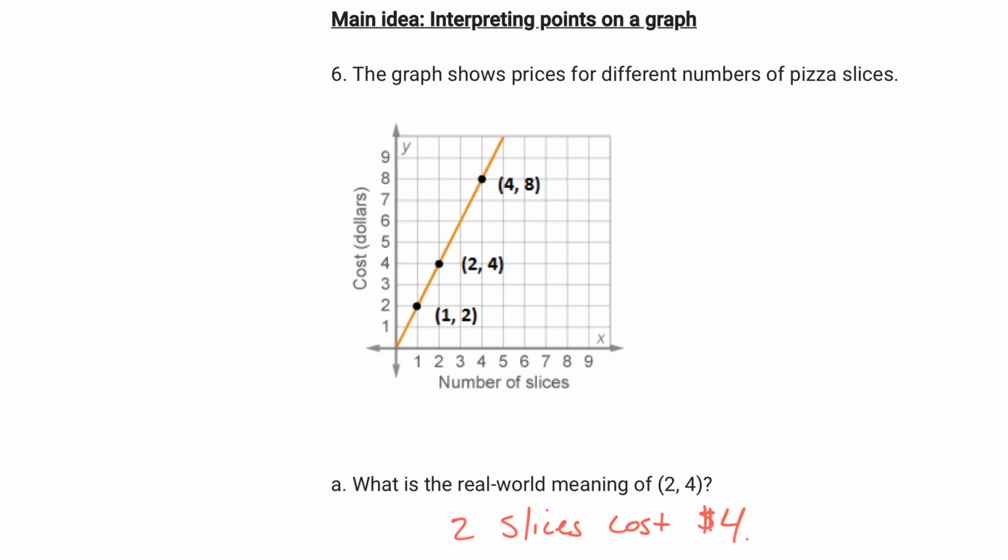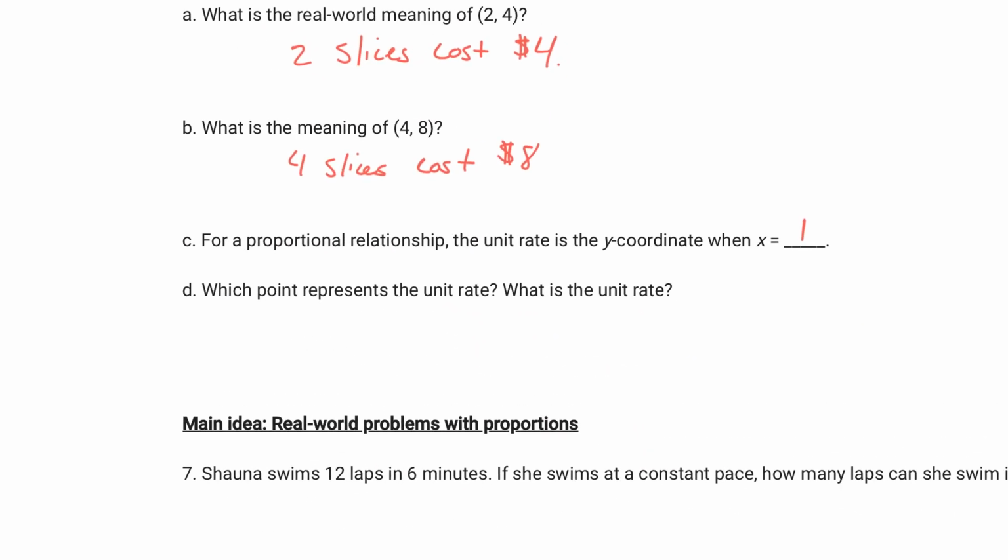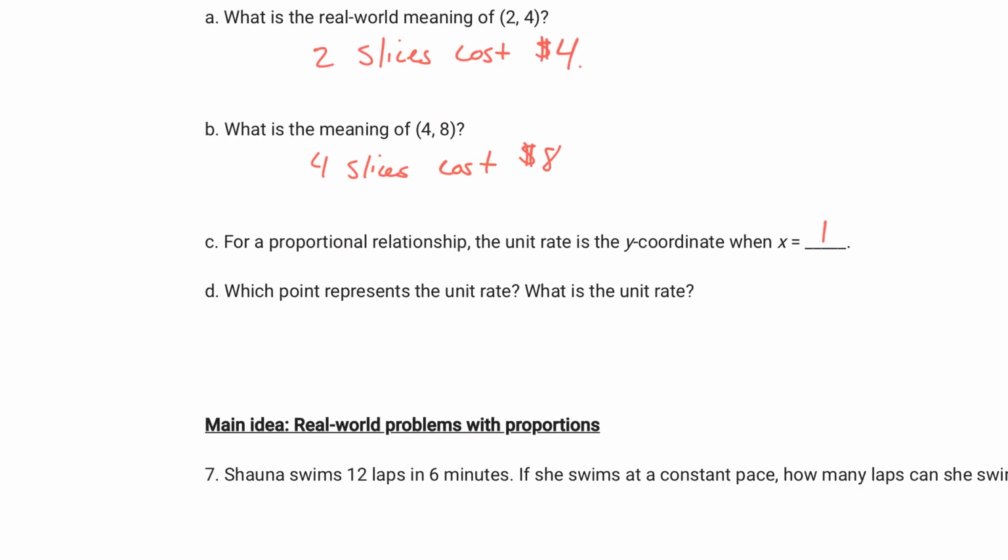So right there, (1, 2) represents the unit rate. What is the unit rate? The unit rate is 2. The unit rate is the same as k. So the unit rate equals 2, or $2 per slice.